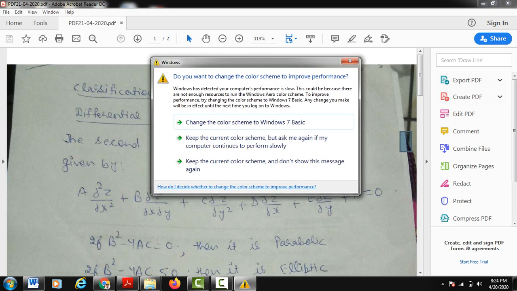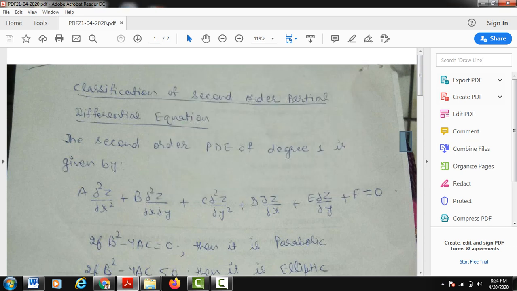So a, b, c, d, e, f are all constants, or they are functions of x, y, or z. This second order partial differential equation of first degree has three classifications.